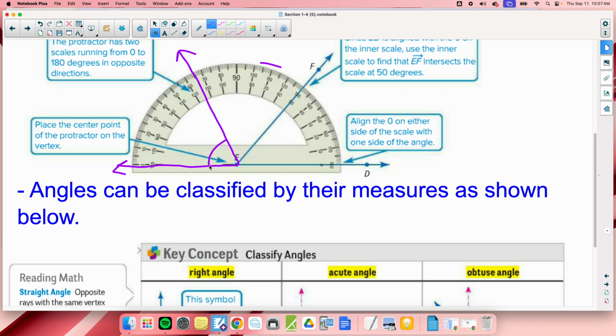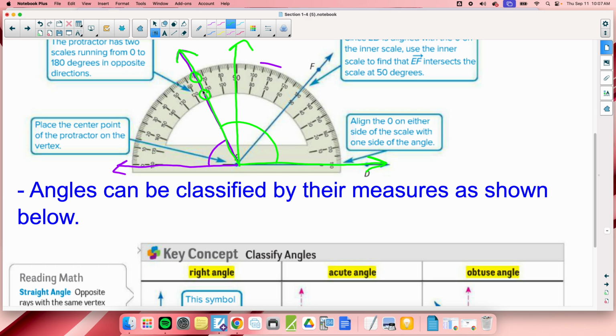Now, what do we use if our angle was like this? You guys all know 90 degrees is straight up, right? Isn't this angle bigger than 90 degrees? So when you're deciding which of these scales do I use, if it's bigger than 90, you're going to use the bigger numbers here.